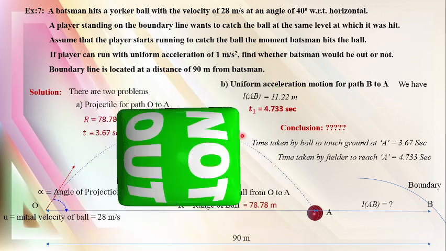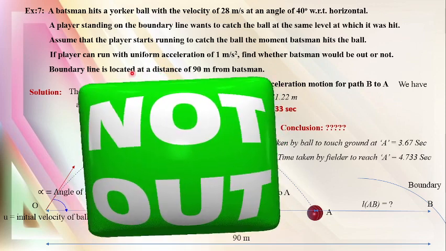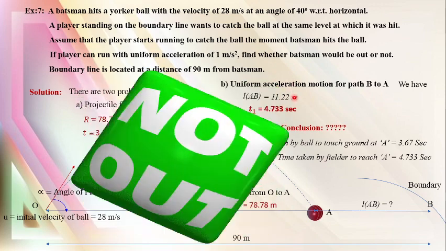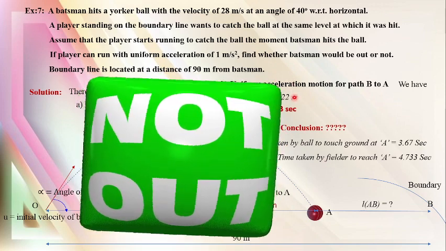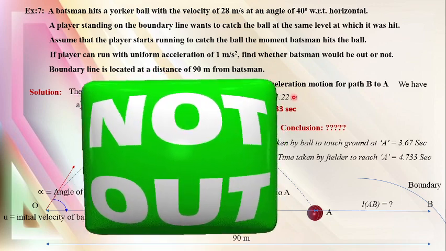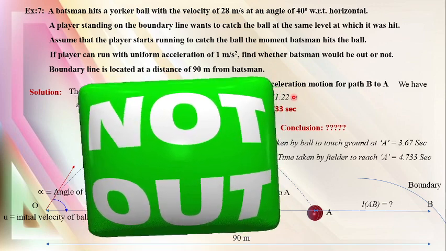Solving one problem takes about 7 to 8 minutes, but for the computer it is hardly a fraction of a second. Once the input has been given, it gives out the output, but to make that program you need a better understanding of dynamics, especially projectile motion.